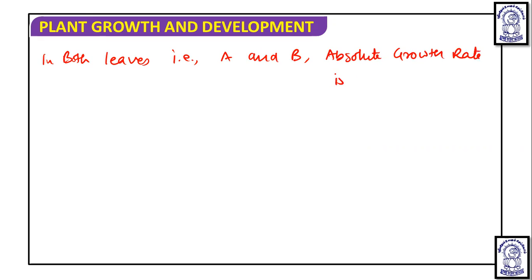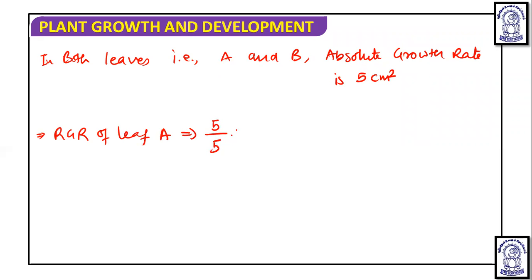Absolute growth rate is 5 centimeter square. Okay, so that is both leaves, that is A and B. The absolute growth rate is 5 centimeter square. But if we talk about the relative growth rate of leaf A, then according to the formula, growth per unit time is 5 centimeter square, because after growth it reaches 10 centimeter square.